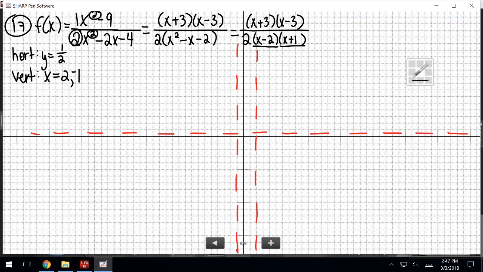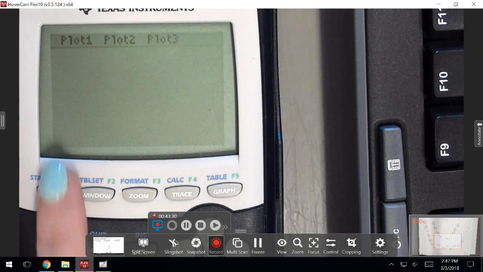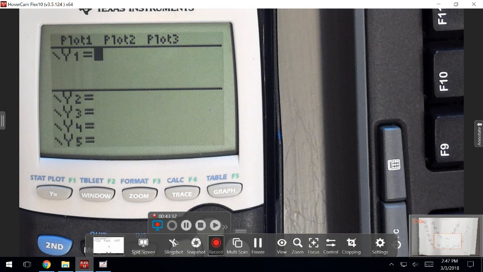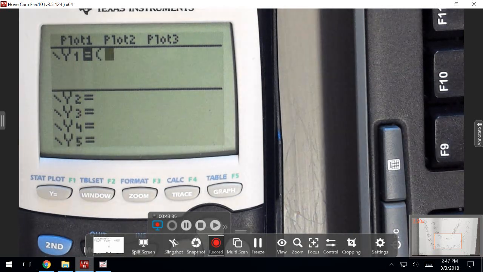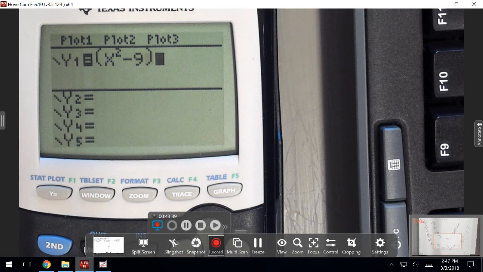Now let's go to our calculator and type in our original graph, the original one. So go to y equals and clear it out if it's got something in there. Put parentheses around your binomial, and it was x squared minus 9 on the top. Close your parentheses.